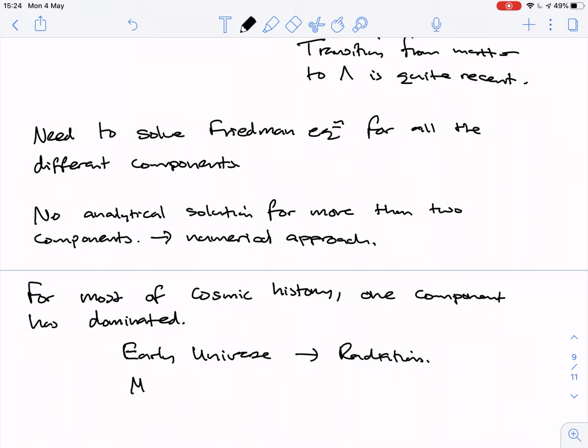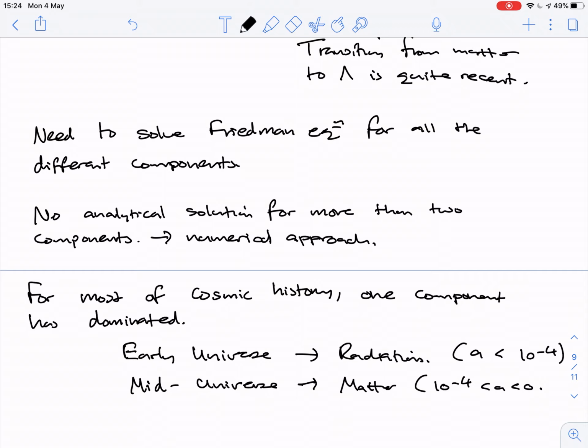In the mid-universe, or the middle-aged universe, radiation is scale factors less than 10 to the minus 4 of today, and the mid-universe is matter, and that's, say, 10 to the minus 4 to 0.5 or something like that. And then the late universe, i.e. up to today, is lambda.